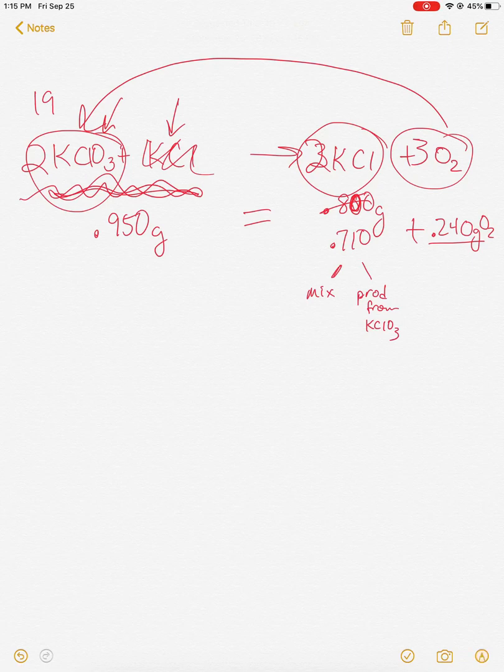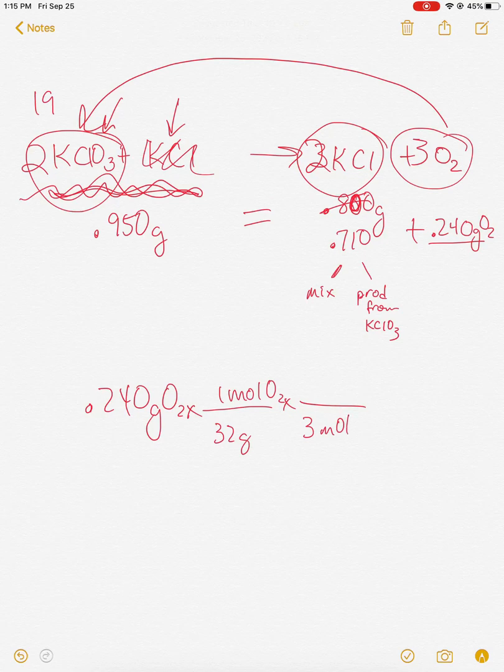Okay, so you've got 0.240 grams of oxygen, and there's 32 grams in 1 mole of oxygen, and there's 3 moles of oxygen that react with 2 moles of KClO3, and 1 mole of KClO3 is 122 grams.